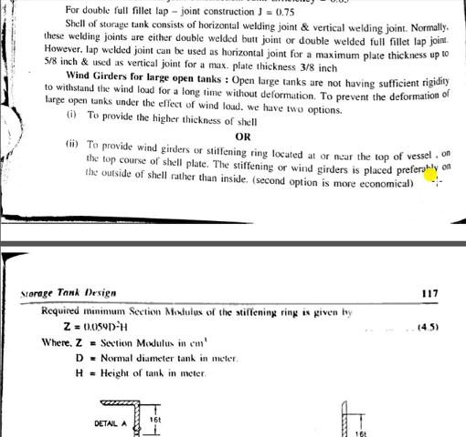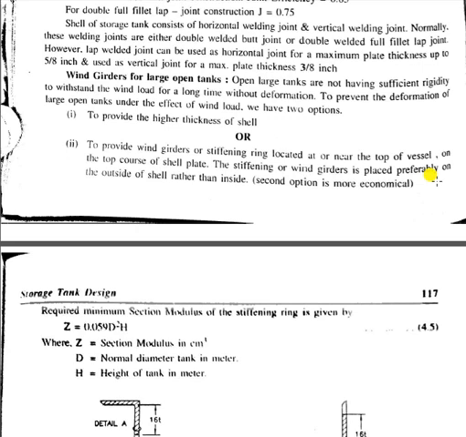You have seen in photographs of industrial storage tanks that there is an outer ring. This ring is nothing but the wind girder for large open tanks, as support against wind loads.